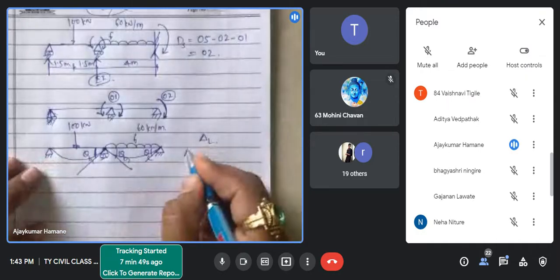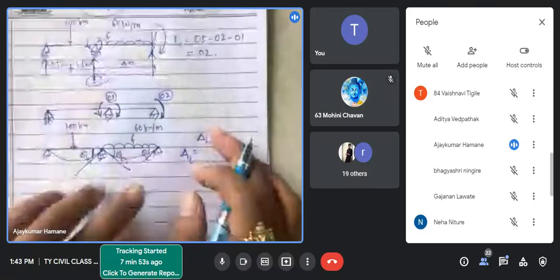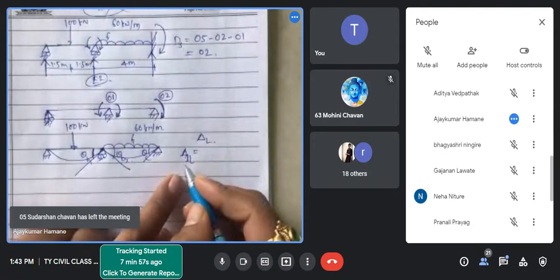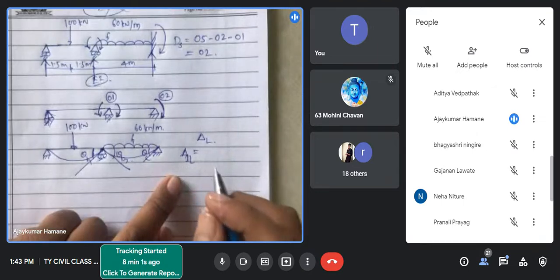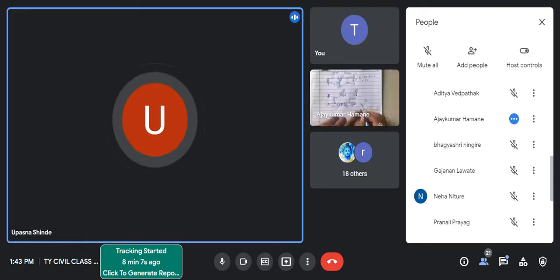So what is the delta 1L? You can unmute and tell me what is the delta 1L? Displacement at coordinate 1 due to loading.